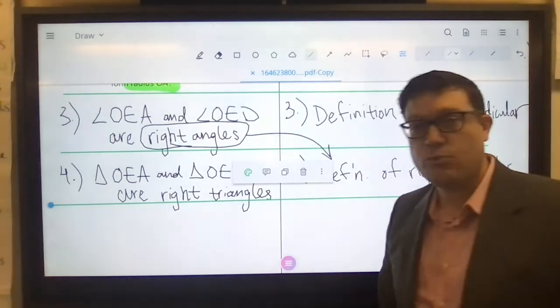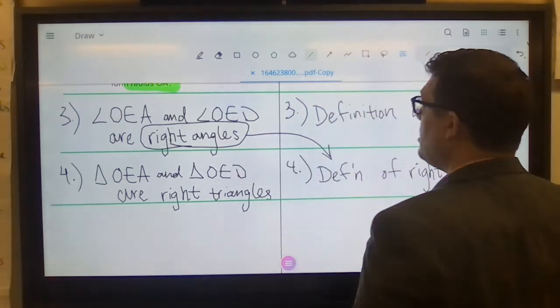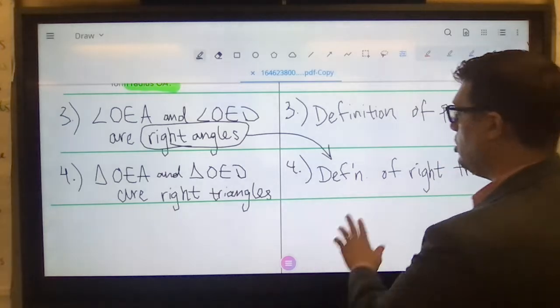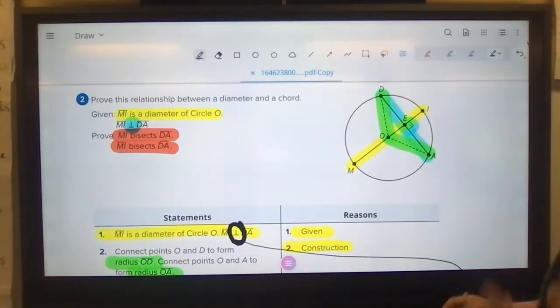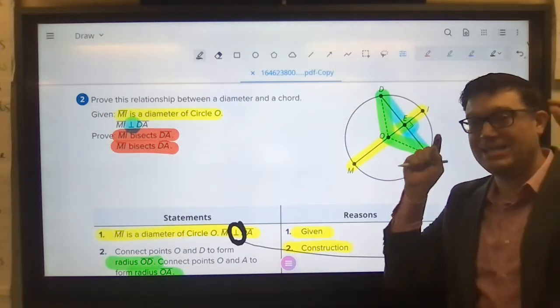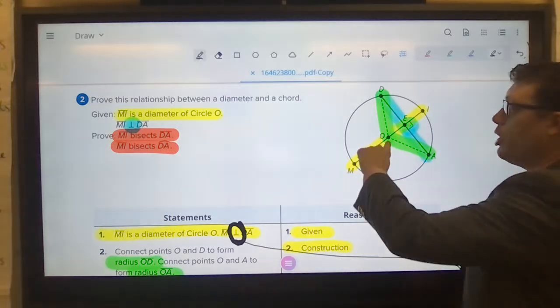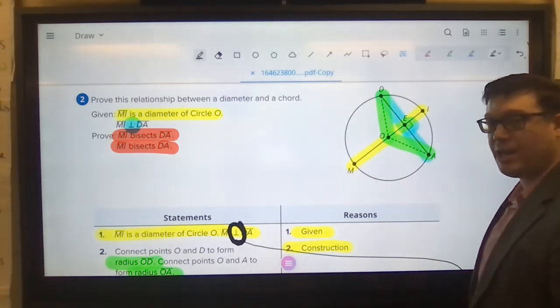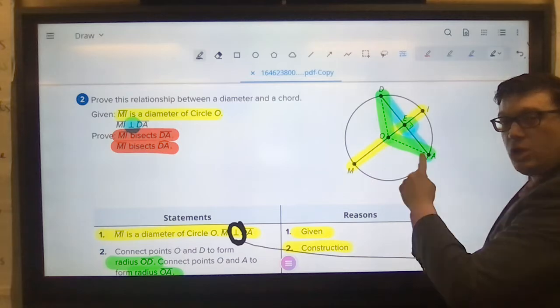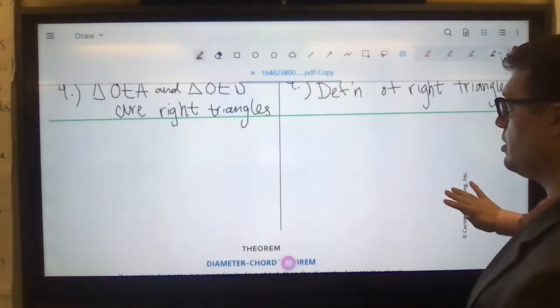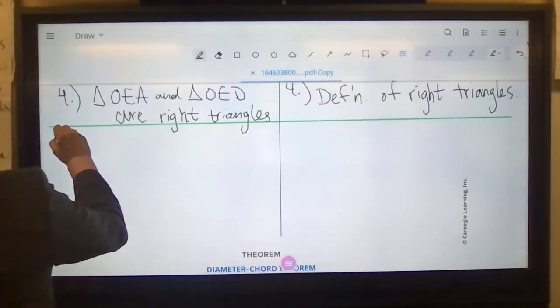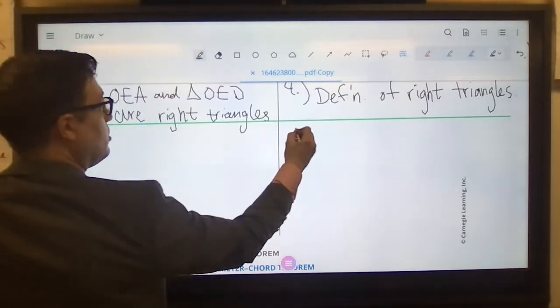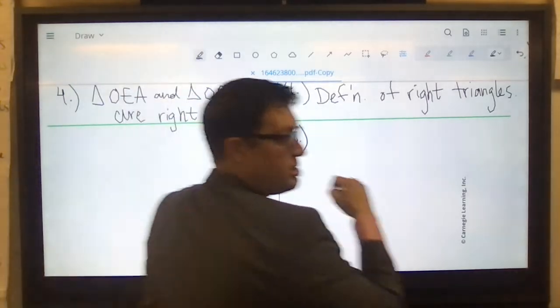If we have a right triangle, and we have the inside of a circle, take a look. I kind of hinted at this. I'm going to make sure I comment as an actual statement in the proof. OD, OA, they're radii of a circle. So OD and OA are congruent. Statement 5.